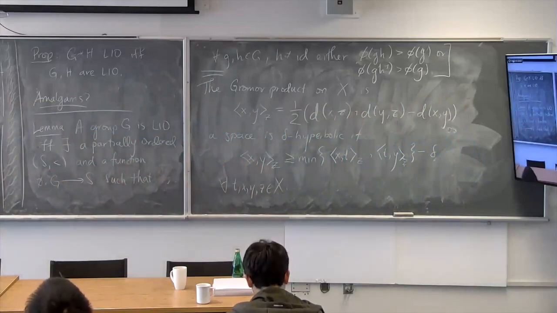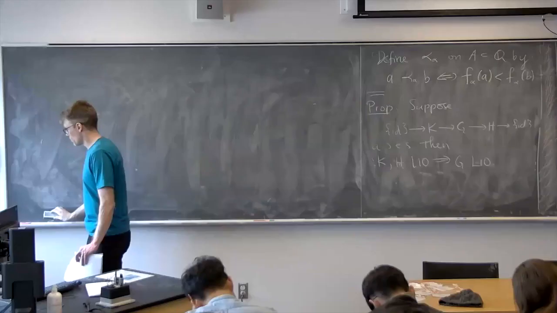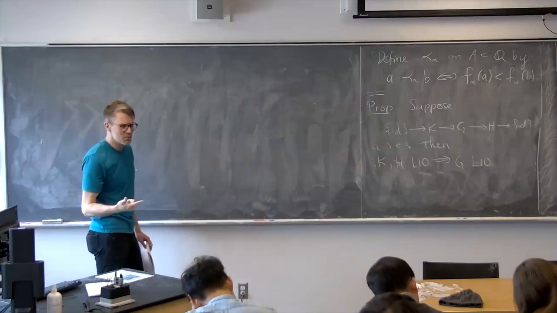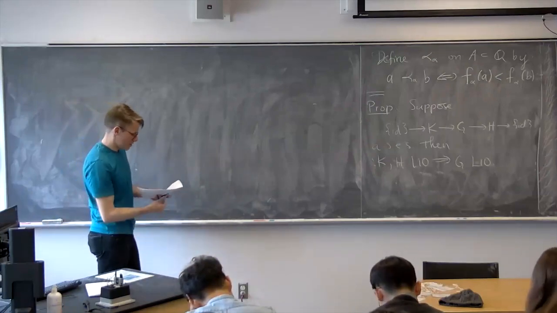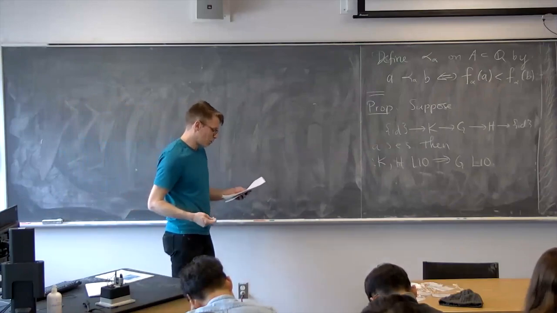So that's what it means for a space to be delta hyperbolic. Of course, there are also definitions in terms of thin and slim triangles. And so I just want to recall one of those.